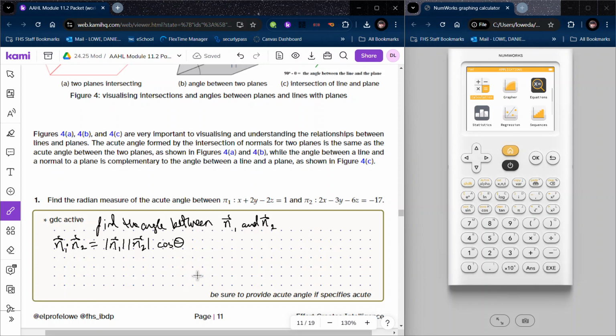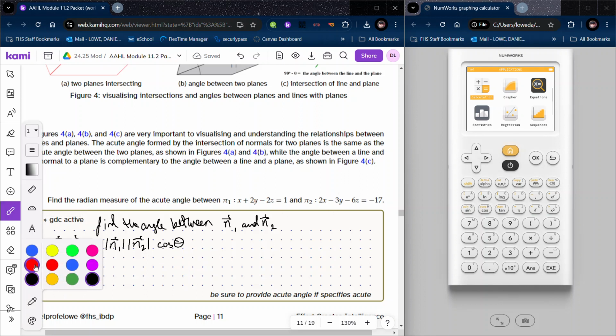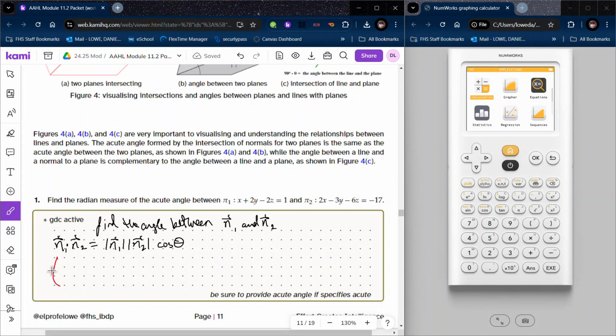For this particular problem, we have 1, 2, and -2 as the normal vector for our first plane, and we have 2, -3, and -6 as the normal vector for our second plane.